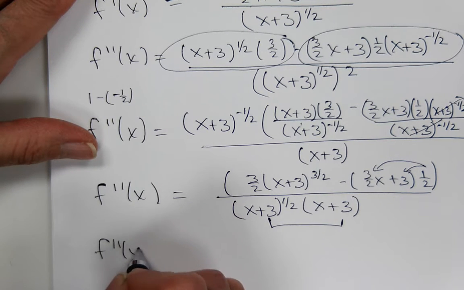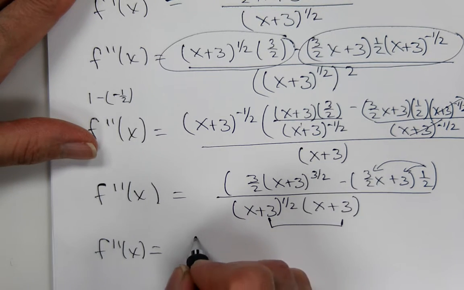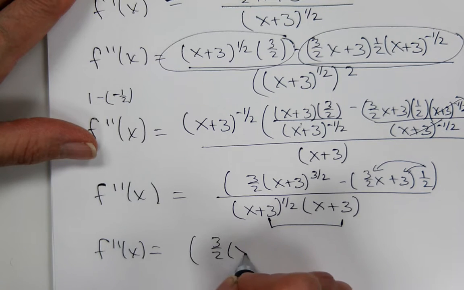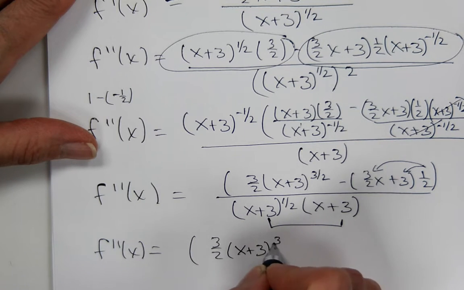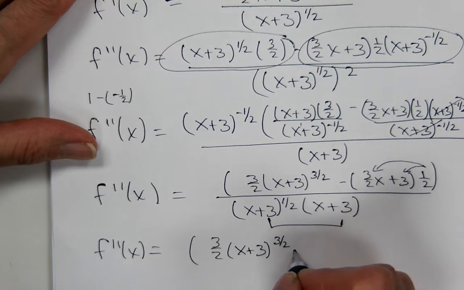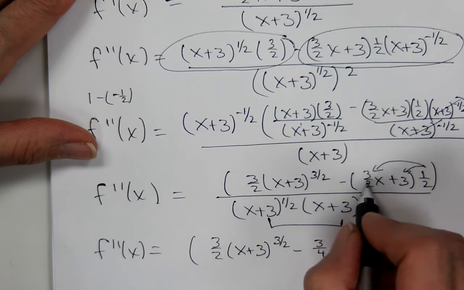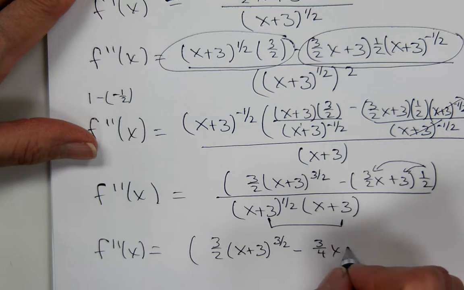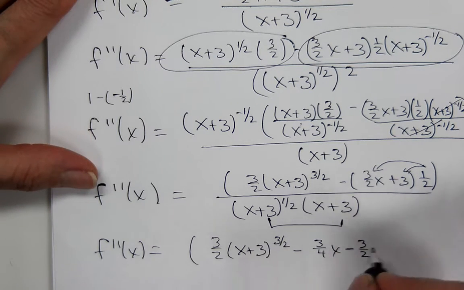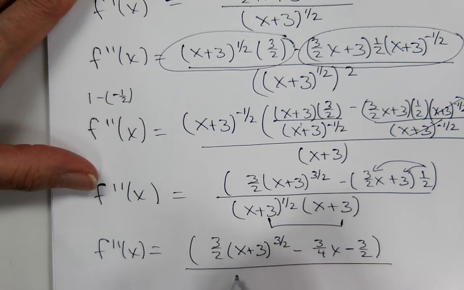So f double prime of x is equal to 3/2 times (x plus 3) to the 3/2, minus, let's see, 3/4 x. Remember that minus goes through to the 3 as well. Minus 3/2. The denominator is (x plus 3) to the 3/2.